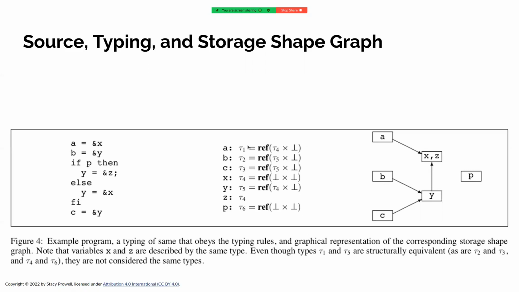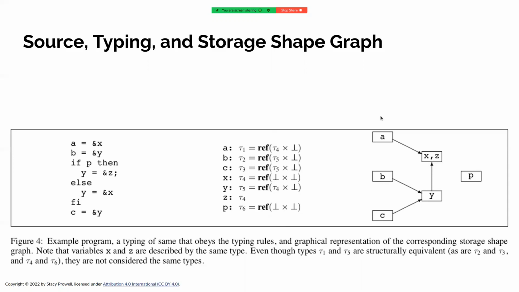You can see here that tau1, the type for A, looks like a reference to a tau4. Tau4 is the type for X, which is bottom. By the way, these ordered pairs you can think of as the types for a data object in memory, and these as the types for an associated function. We're not dealing with that right now, so we're leaving all those as bottom.